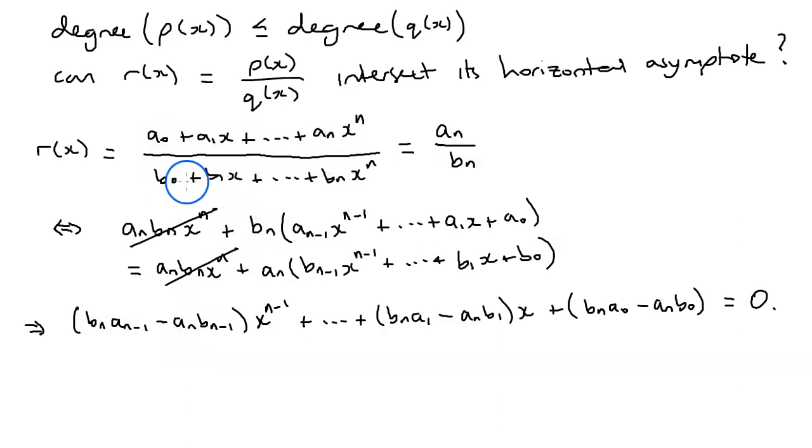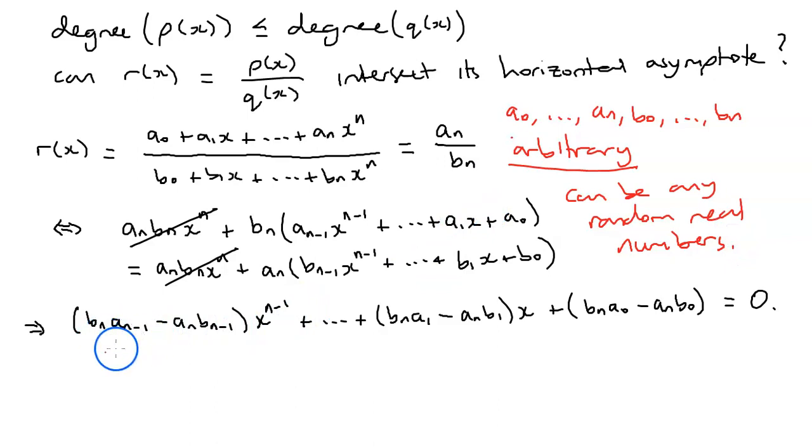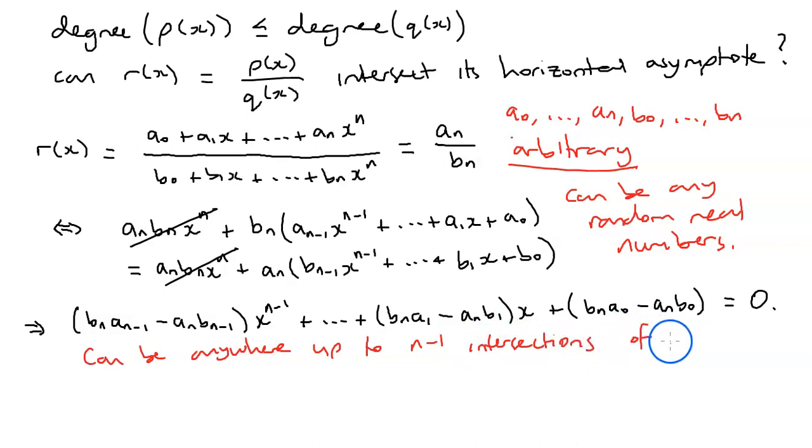And since we're allowing a0, a1 to an, and b0, b1 to bn to be arbitrary, which means they can be any random real numbers, this shows us that in general there can be anywhere up to n minus 1 intersections of r of x and its horizontal asymptote.